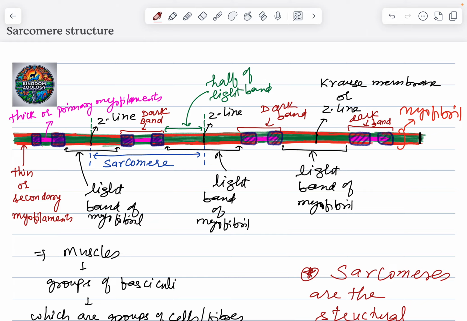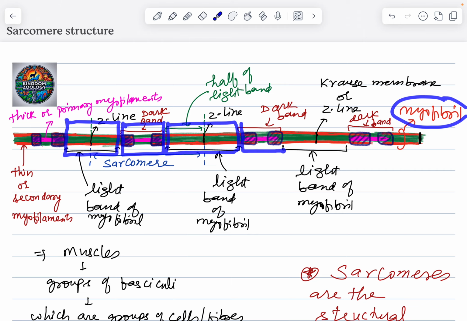Dark band. So if you look at it carefully now, on the structure of myofibril, what do I see? Light band, dark band, light band, dark band, light band, dark band, alternating with each other.